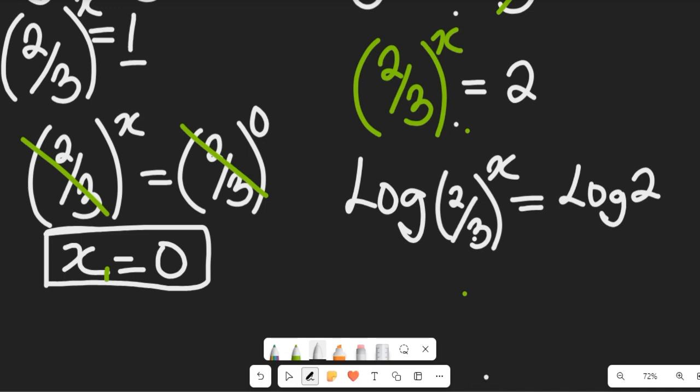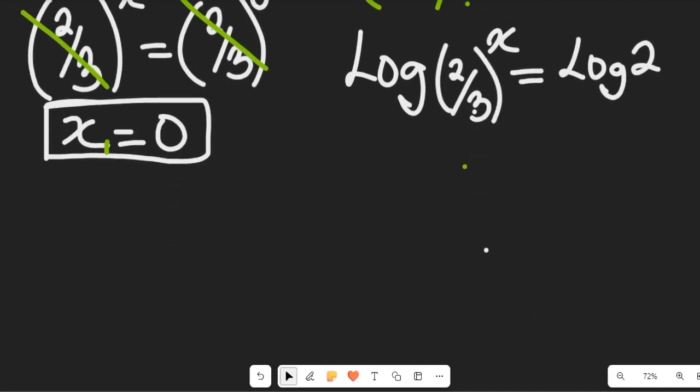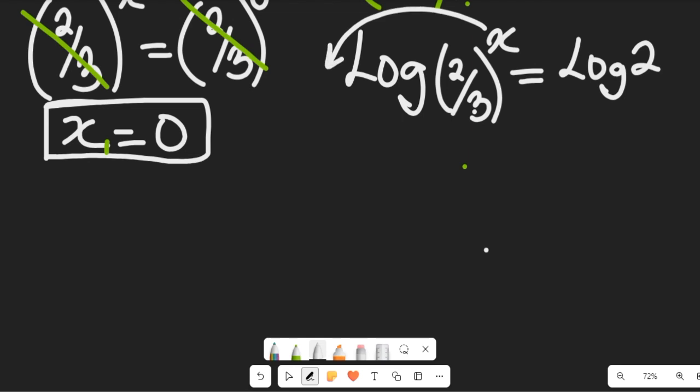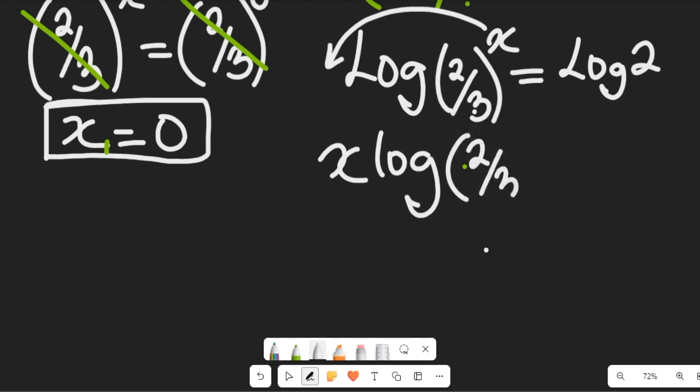So with this expression, I can simply take this over here according to the law of logarithm, and that will give me x log of 2 divided by 3. And this will be equal to log of 2.